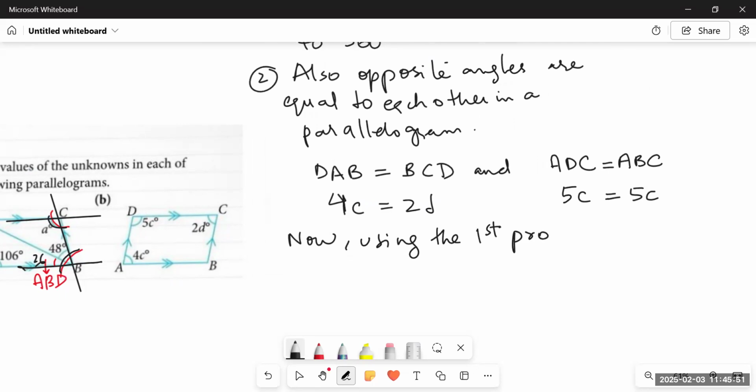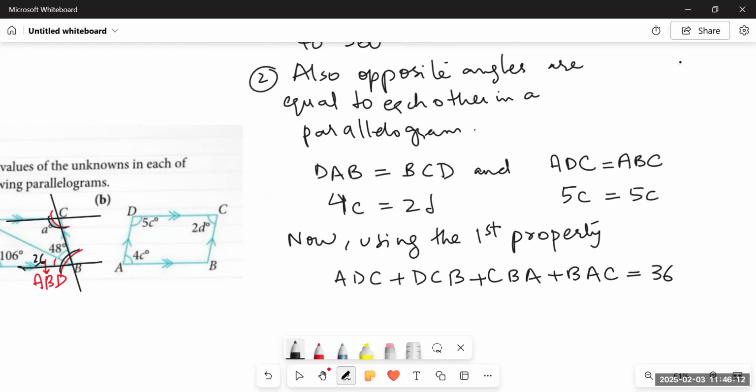That is the sum of all four angles in a quadrilateral is equals to 360 degrees. We can say that angle ADC plus DCB plus CBA plus BAC is equals to 360 degrees.